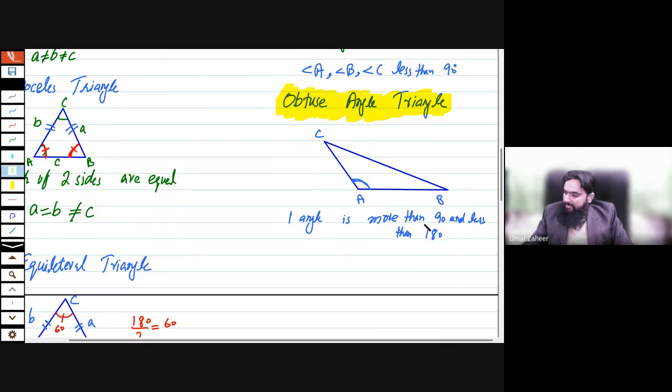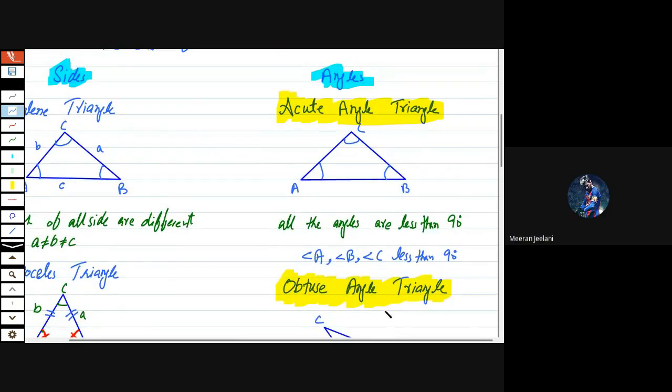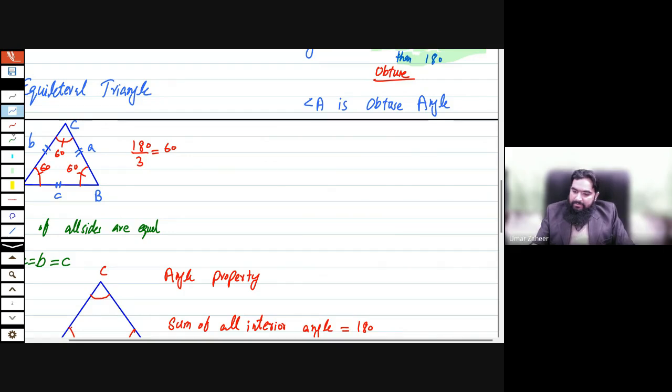Or in simple words, one angle is obtuse. Clear? And in this one, angle A is an obtuse angle. Yes, everyone, is it clear? Yes, sir. Now we have the next one. What is the next triangle?